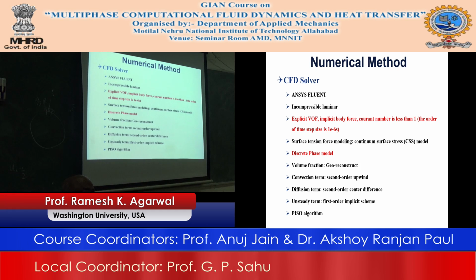Or the other choice is that you go to a second order algorithm, where the truncation error is order h square, and get a good solution on a relatively coarser grid. So how do you beat that system? You can beat the system by first running a first order upwind algorithm and almost getting it converged, and then putting it as an initial solution in the second order algorithm, and then it will work.